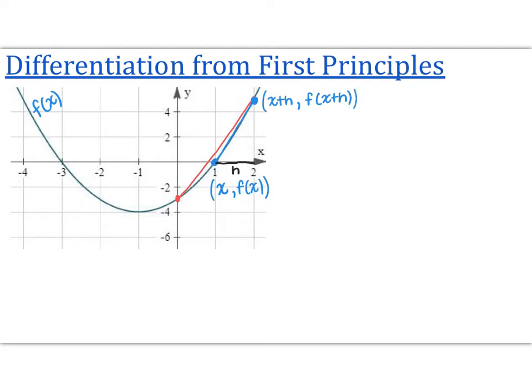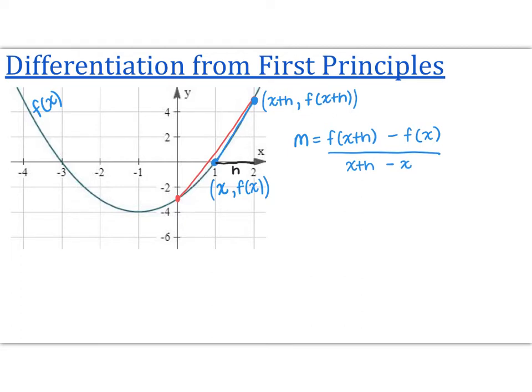And what we're doing from first principles is trying to find the gradient between these two blue points. So going back to GCSE, the gradient is the change in y divided by the change in x. So I'm going to say f of x plus h is our y2, minus our y1, f of x, divided by our x2, x plus h, minus our x1, x.